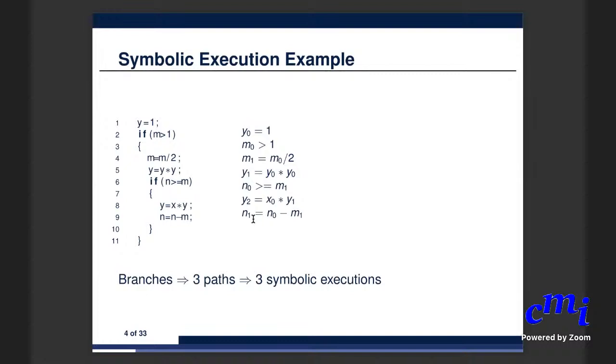Now here it is a branching program. Therefore, you will have to consider the other valuations for these Boolean expressions that appear as conditions. This particular symbolic execution path was under the assumption that both the conditions that you see here were true.